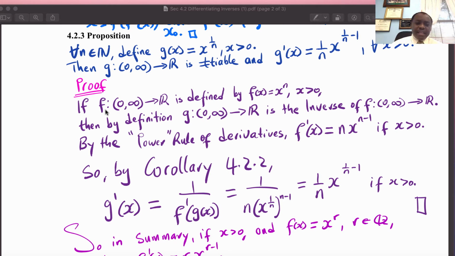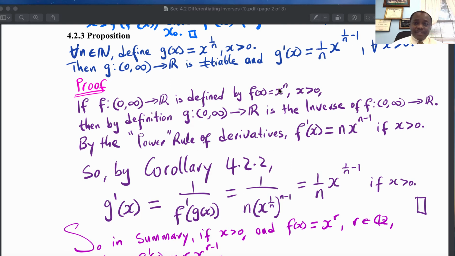Proof. Define f to be the function from the open interval 0 infinity to R, and let it be f of x equals x raised to the power n, where x is greater than 0, n is a natural number. Then, by the definition of g, we see that g is the inverse of f.